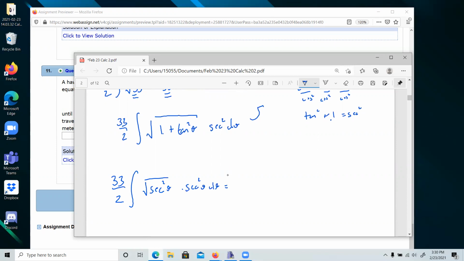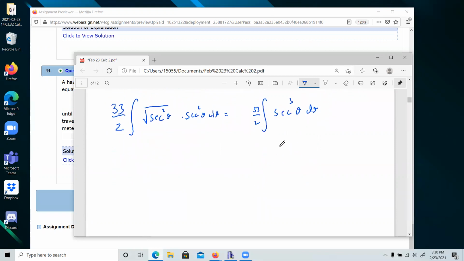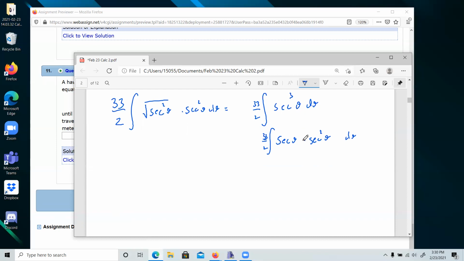And unfortunately, this is one of the more delightful integrals you are ever going to have to meet, which is secant cubed theta d theta. Or this is also secant theta times secant squared theta d theta. All right, so let me just do a little piece over here.